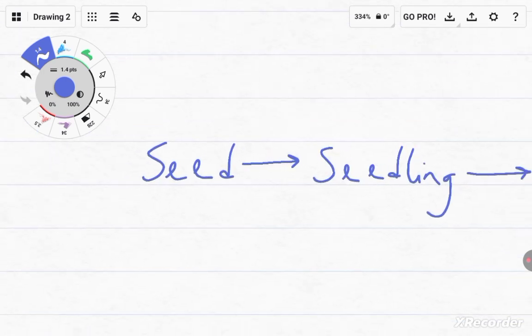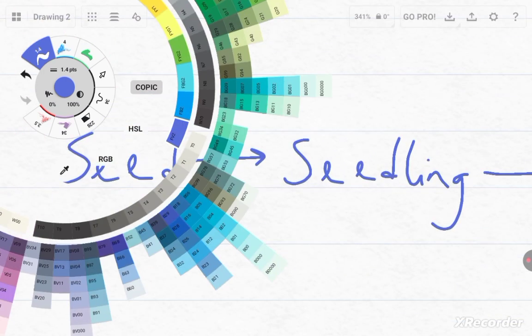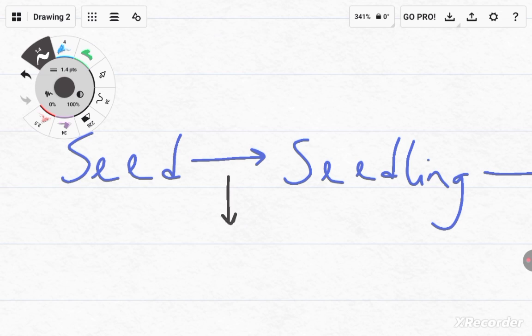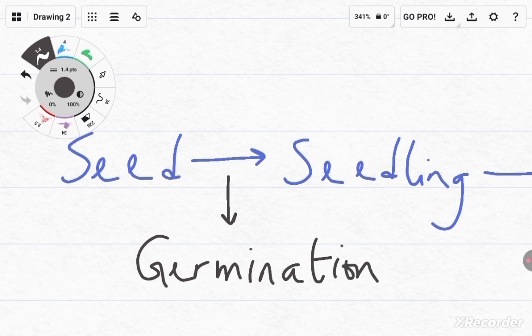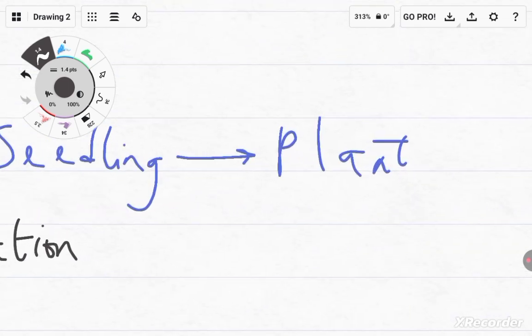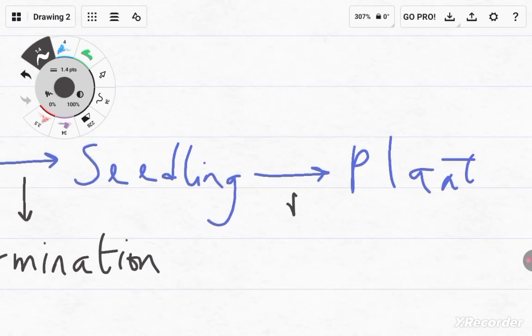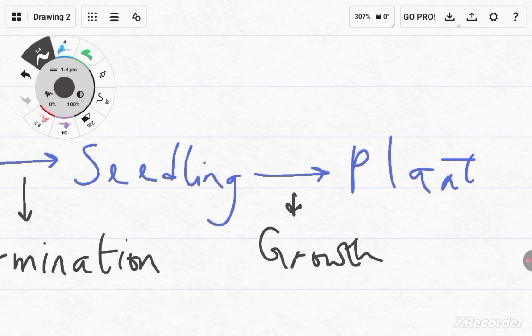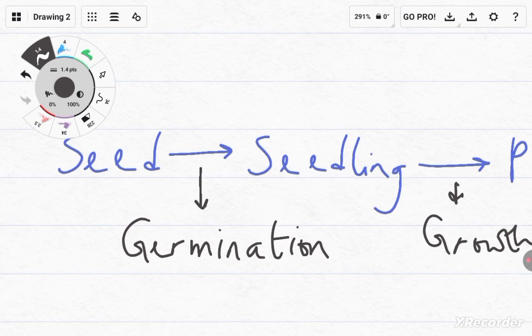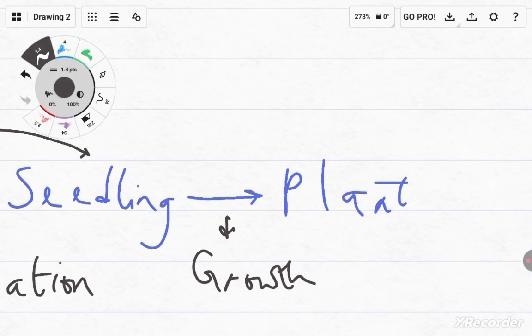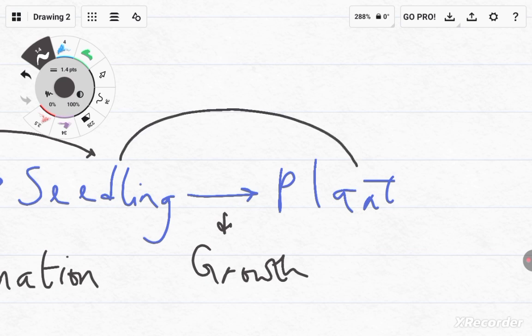In this process, from the seed turning into a seedling, what happens is called germination. While from a seedling turning into a plant, what happens is called growth. There are two different phases. So germination is the process by which a seed is changed into a seedling, while growth is the process by which a seedling changes into a plant.